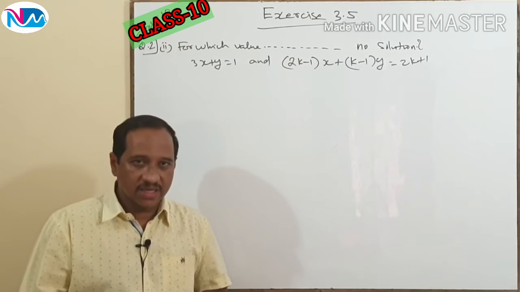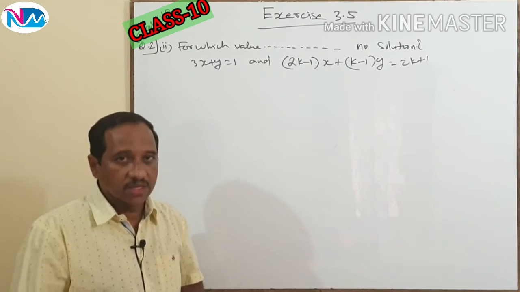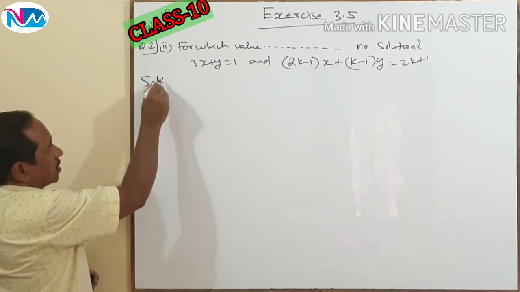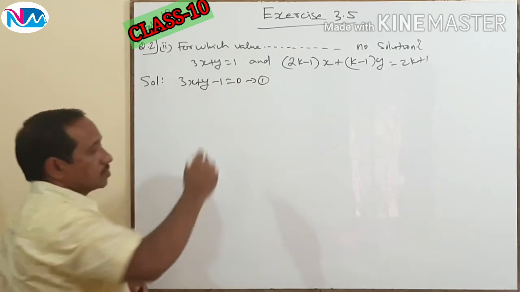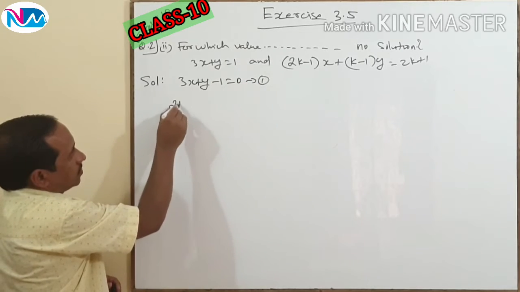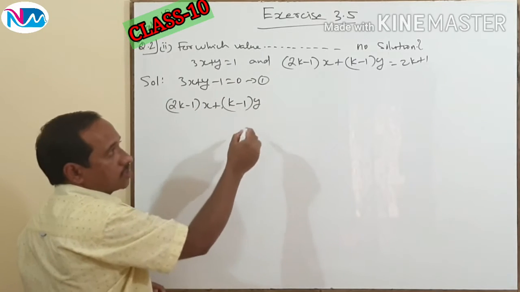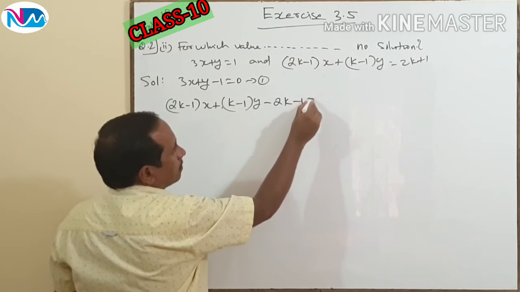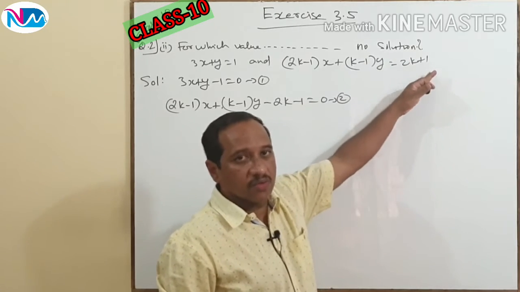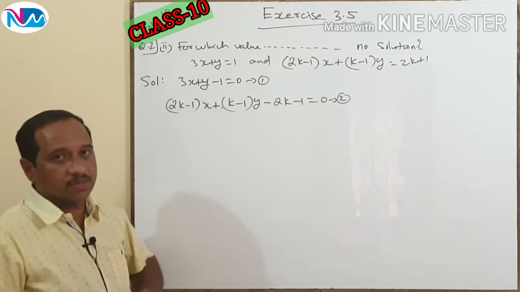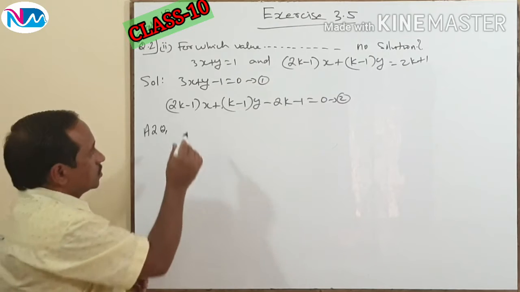So, before applying that condition, we have to write the two given equations in the standard form. The first equation will be 3x plus y minus 1 is equal to 0, and the second equation will become 2k minus 1 into x plus k minus 1 into y minus 2k minus 1 is equal to 0. That is, plus 2k and plus 1 will come to LHS as minus 2k and minus 1. According to the question, there is no solution.